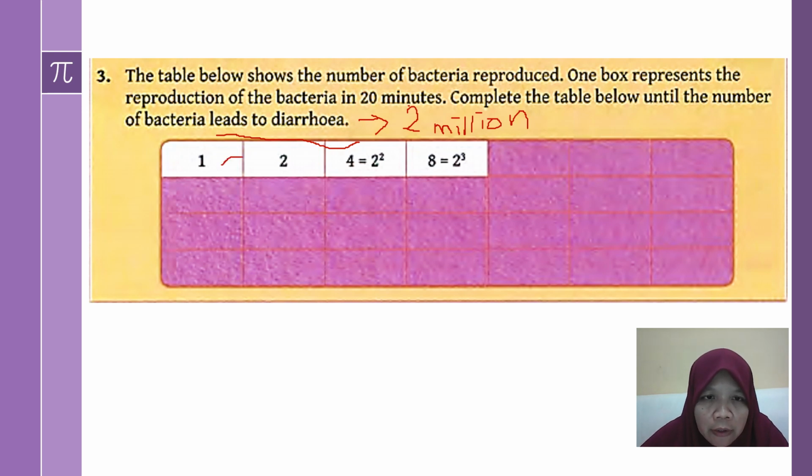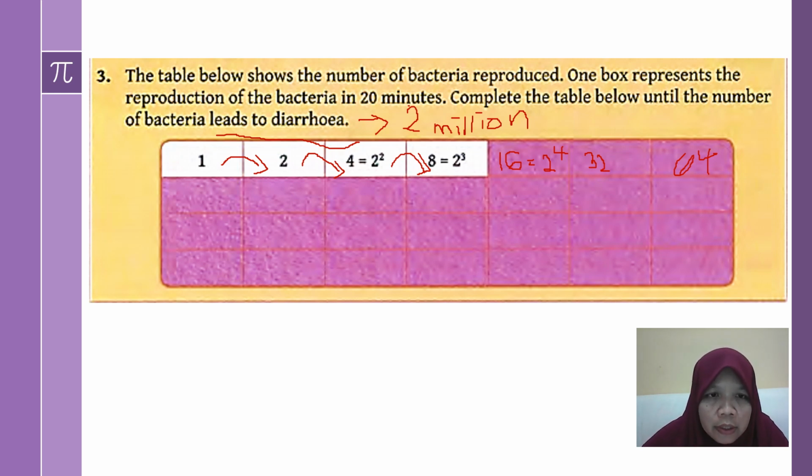After that 1 becomes 2, then 2 becomes 4, 4 becomes 8, 8 becomes 16, and we know that 16 is equal to 2 to the power of 4. Then 16 becomes 32, which is 2 to the power of 5, and then 64.